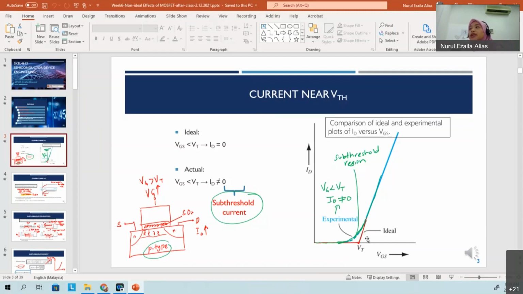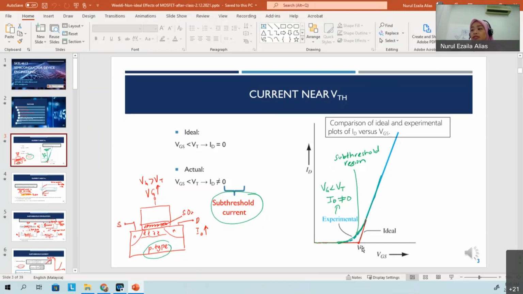However, during experiments, this doesn't happen. Instead, before it reaches the threshold voltage, a slight current is produced over here, as you can see, until it reaches the threshold voltage, then the current will increase linearly. So at the curve region here, this is the subthreshold region, meaning before the threshold.